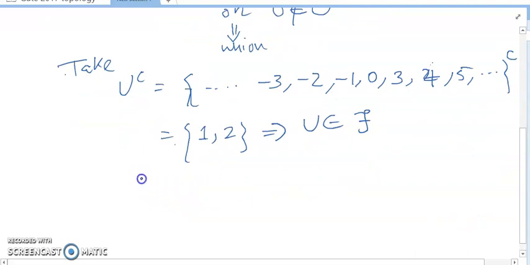Suppose A is equal to 3 and B is equal to 4.